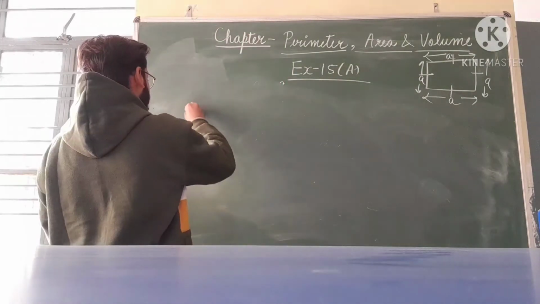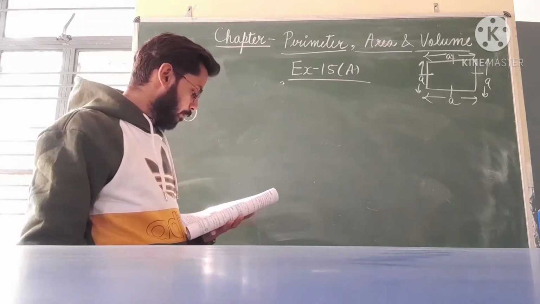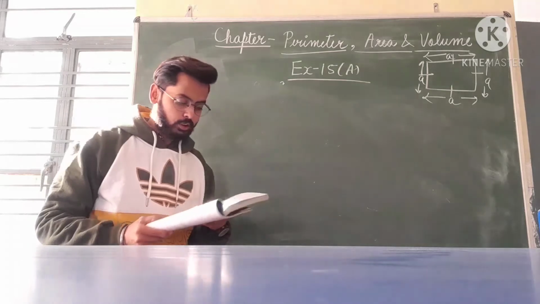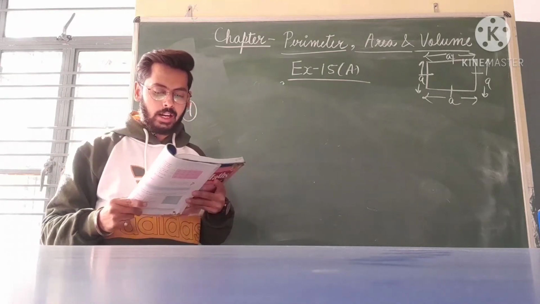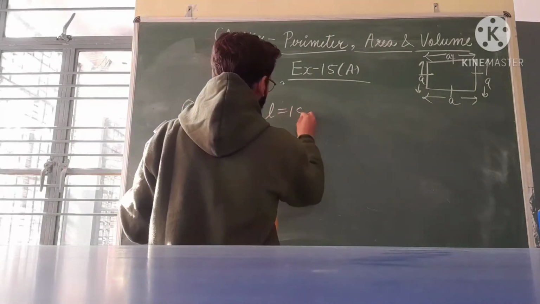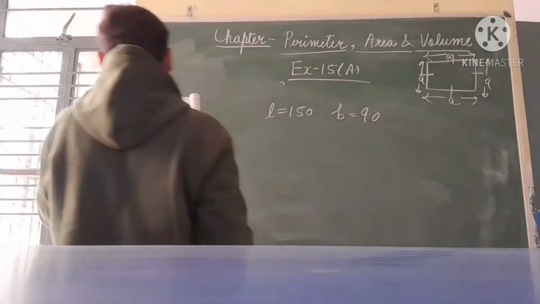Now I am telling question number 7. Question number 7 says wood trim is to be put around 45 display boards in a school. How much wood trim should the school purchase if each display board is 170 cm long and 90 cm broad? So we are given the length and breadth, and we have to find the wood trim.